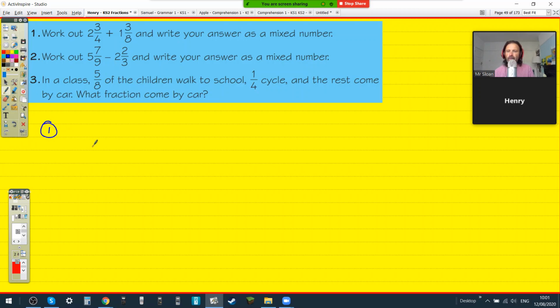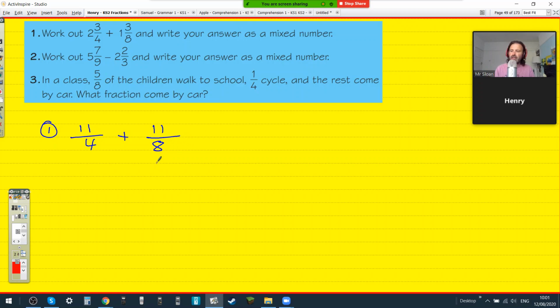Okay, so 2 wholes and 3/4 is 11/4. And then for 1 whole and 3/8, I'd say it's about 8. So the denominator is 8, and the top is 11 as well. And then 11 plus 11 is 22.